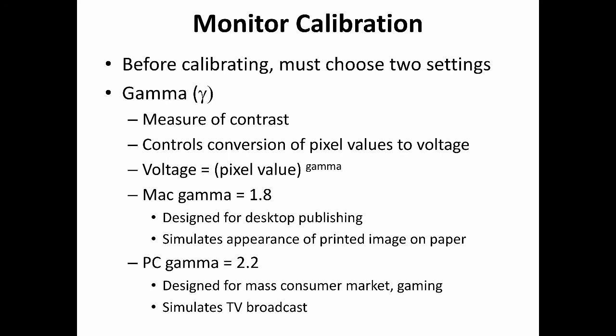What they found in their testing was that a gamma value of 1.8 allowed them to match what they saw on screen with what they saw in print, so that the image on your monitor very closely matched the appearance of an image printed on their LaserWriter printer.